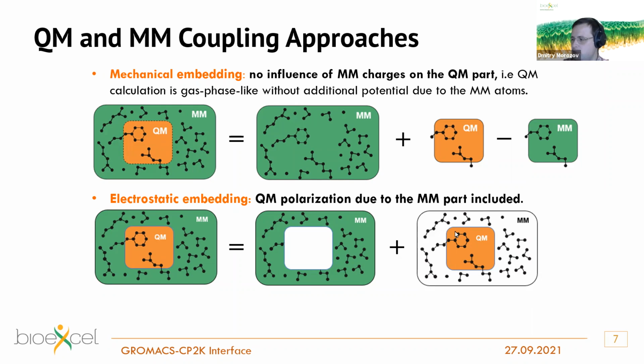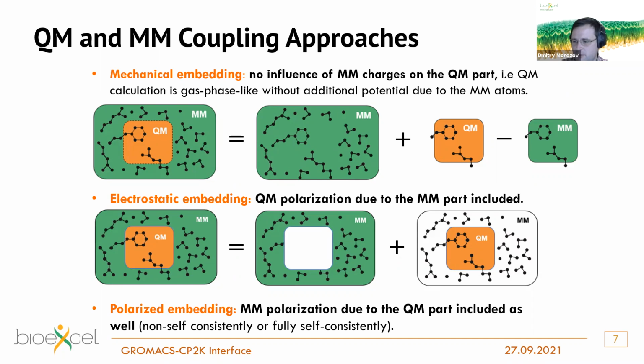In that case, you have two additional forces. You have forces acting on the QM part from the point charges of the MM part. And of course, by Newton's third law, this force should also act in the other direction on the MM charges.